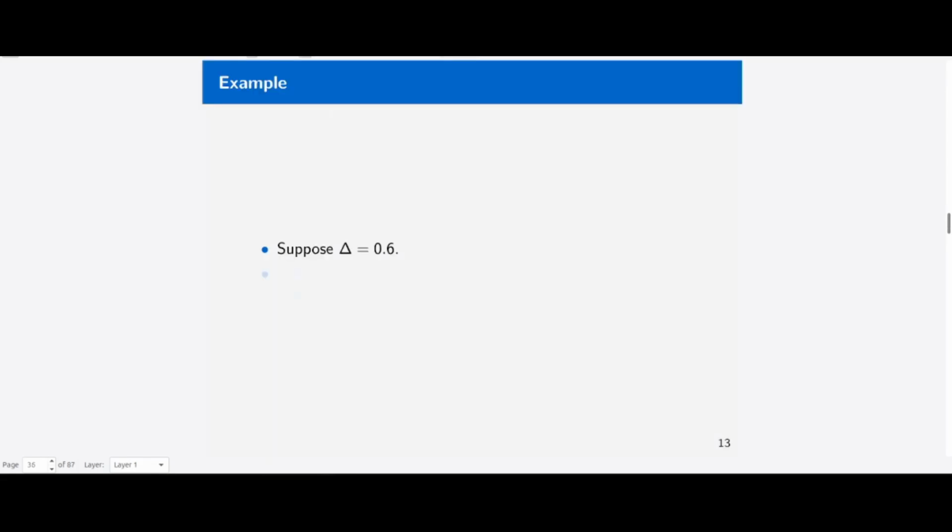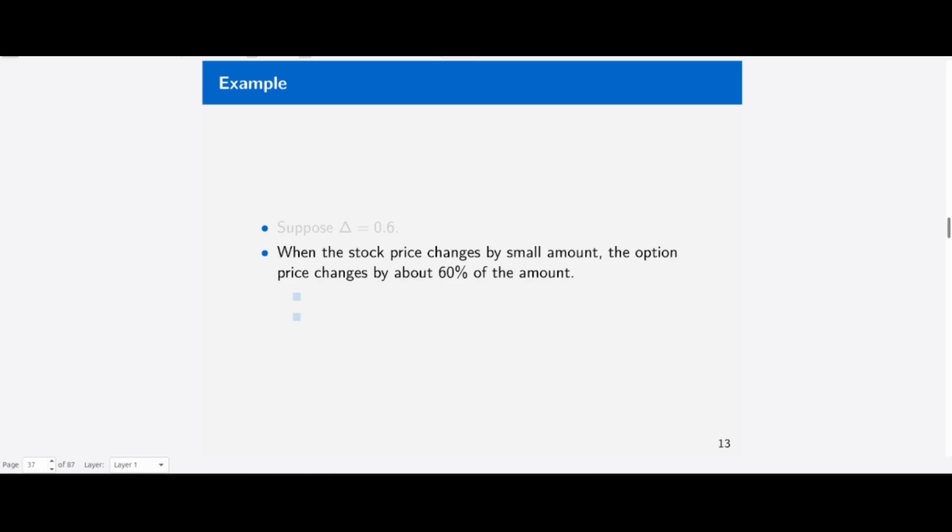So what is the importance of this example? If delta is 0.6, that means the slope is 0.6 as indicated in the previous diagram. So when the price changes by a small amount, delta is equal to the partial derivative of the derivative with respect to the underlying asset.